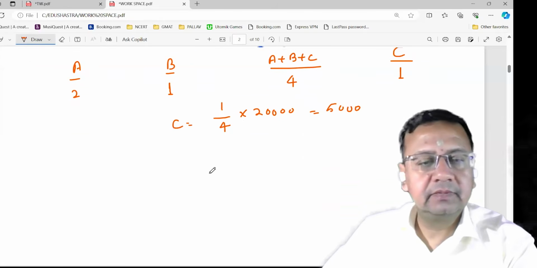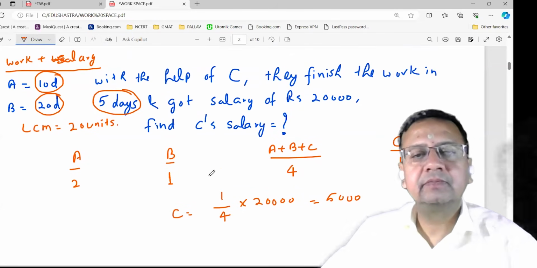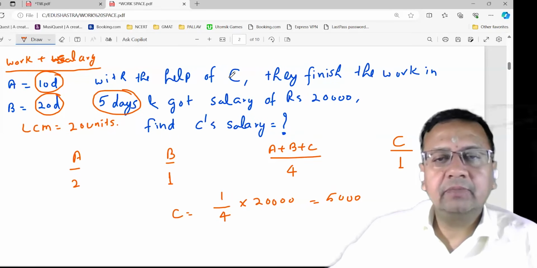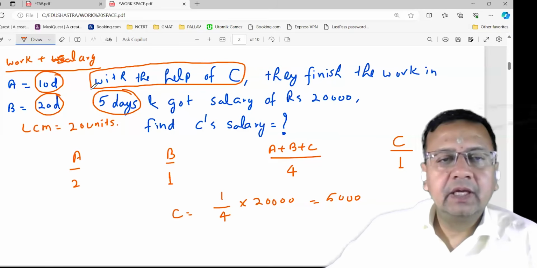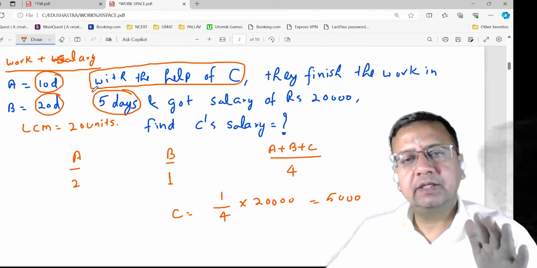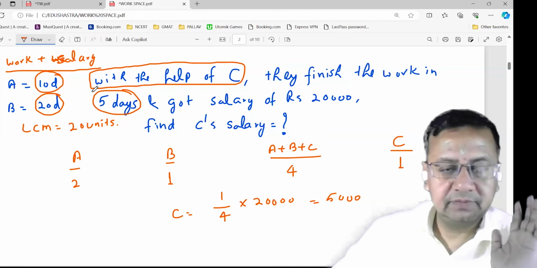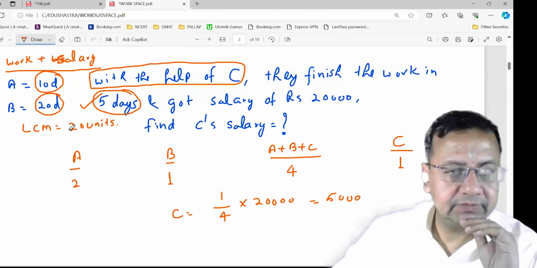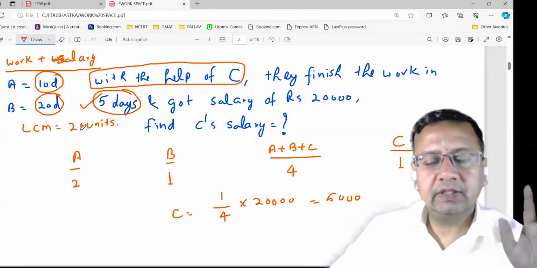So how did you take ABC as a 4? Okay. So see, this is with the help of C, this statement. So with the help of C, this means what? A, B, and C, all three are working together, right? And they are finishing a work in what? 5 days. Done. Total work unit is 20.